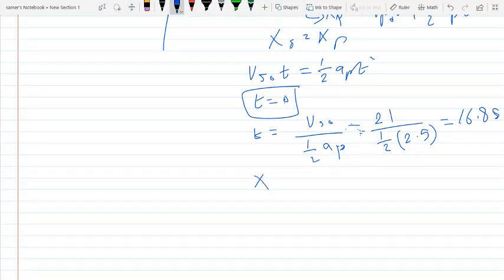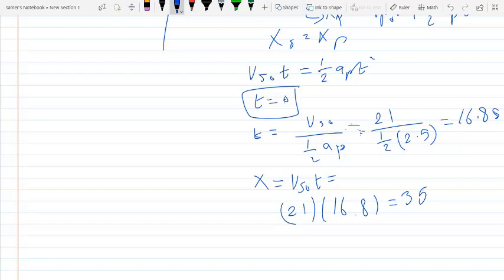Now after finding time, we can simply find x, because x, whether we find it for the speeder or the police car, is the same. So we find x from the relation v0s t, which is 21 times 16.8, and that is equal to 352.8 meters.